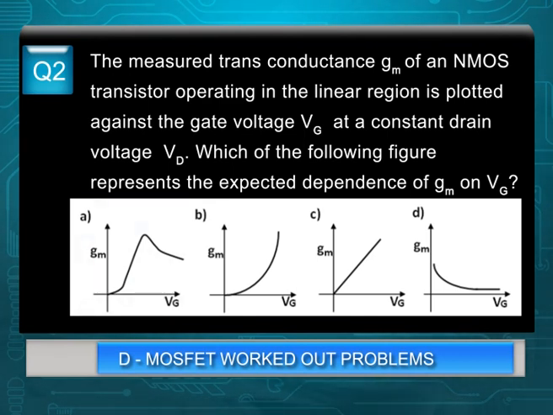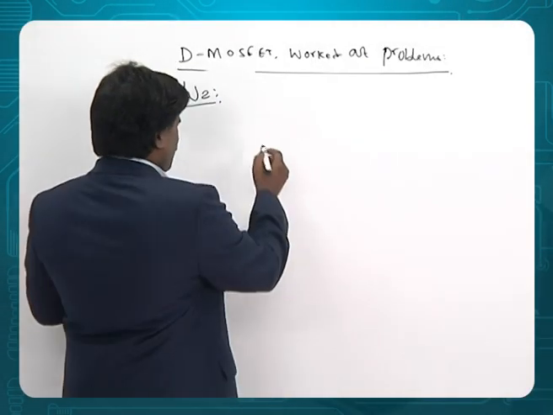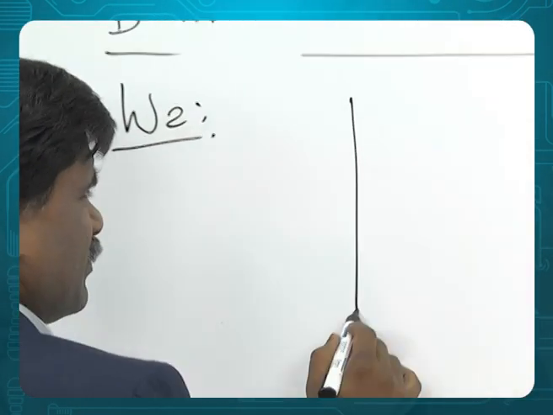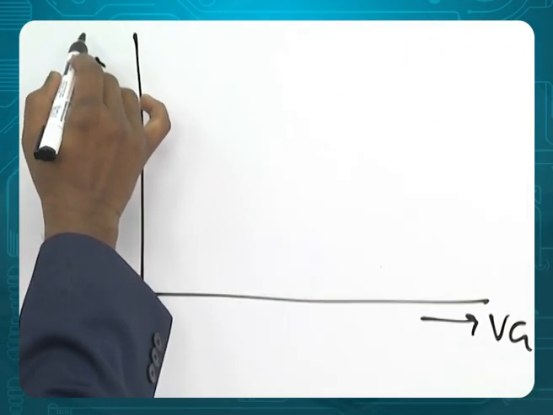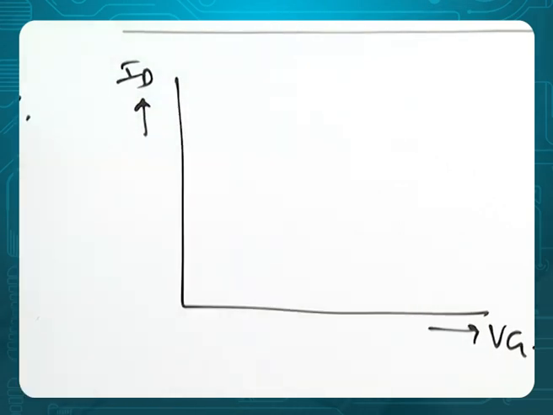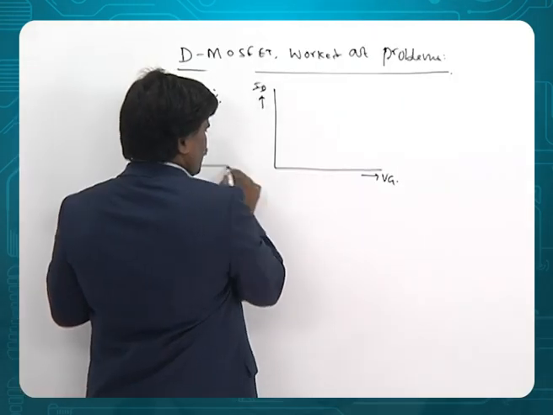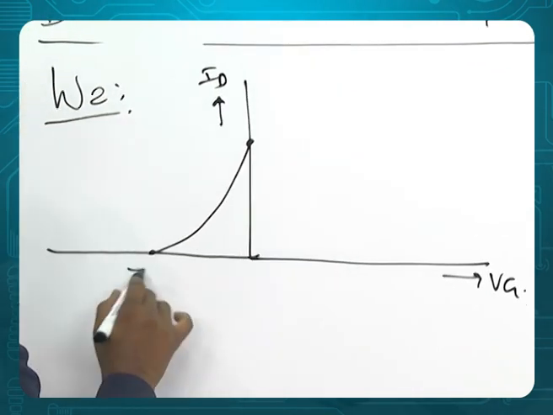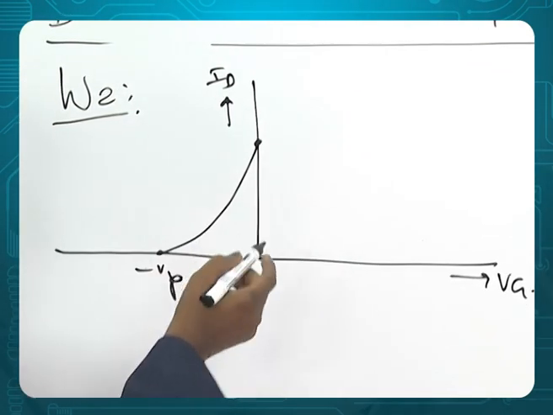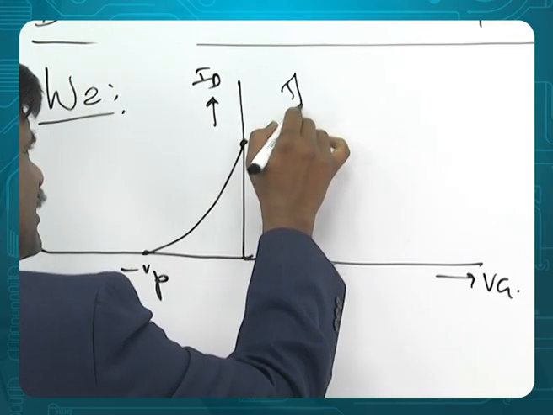Options are given A, B, C. So when you look at this, suppose this is VG, this is ID. This is the characteristics for FET. This is called transfer characteristics.